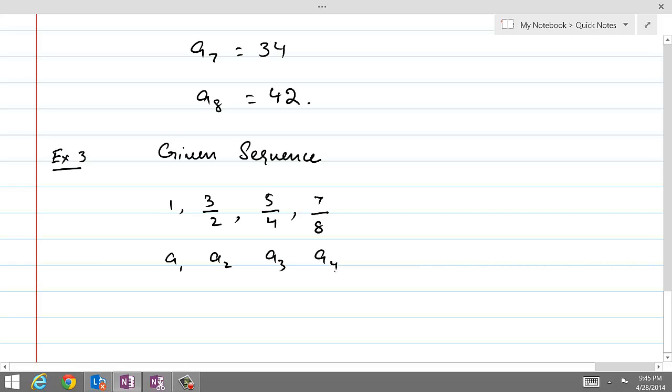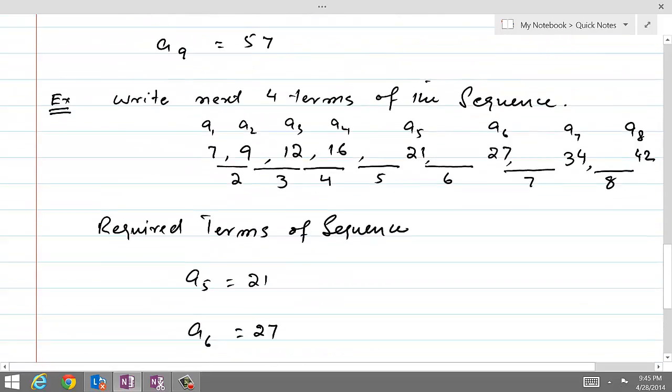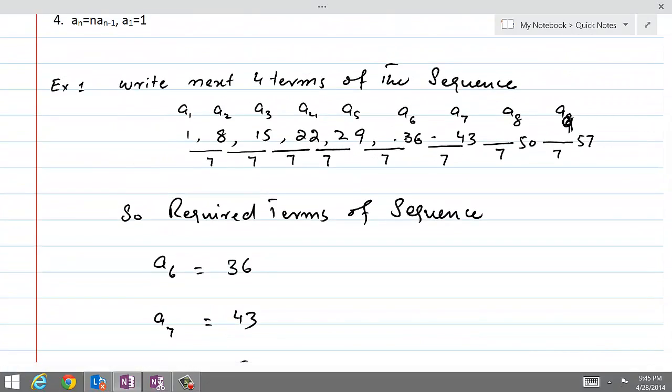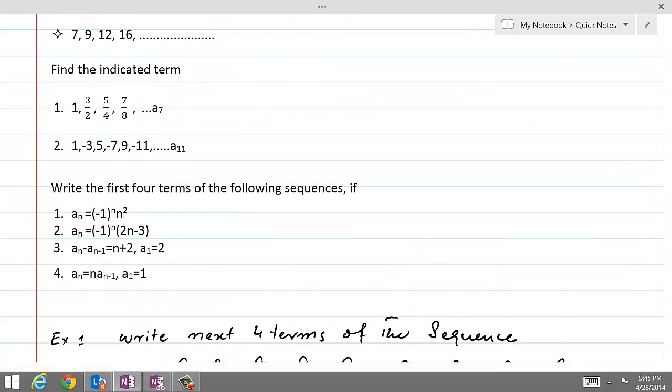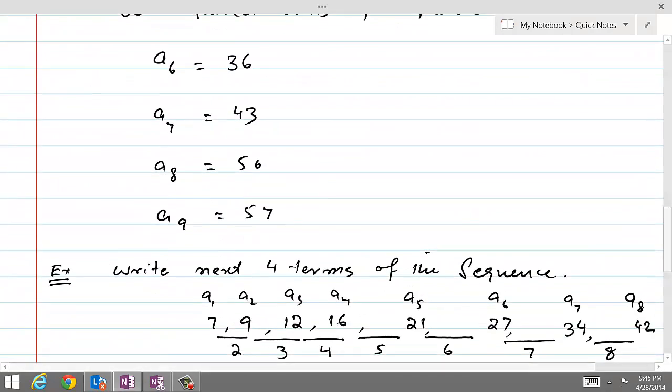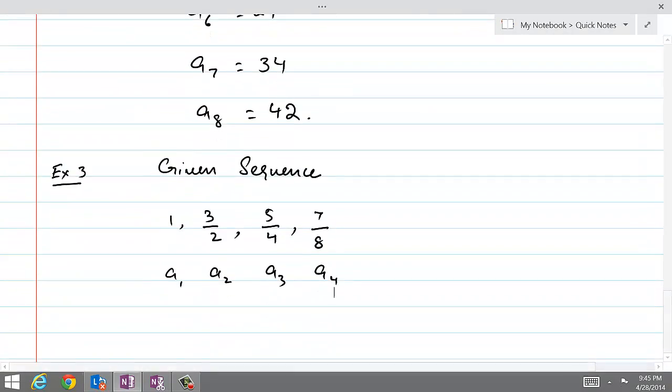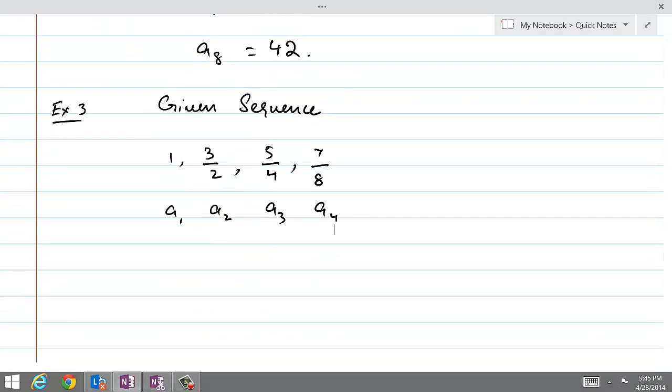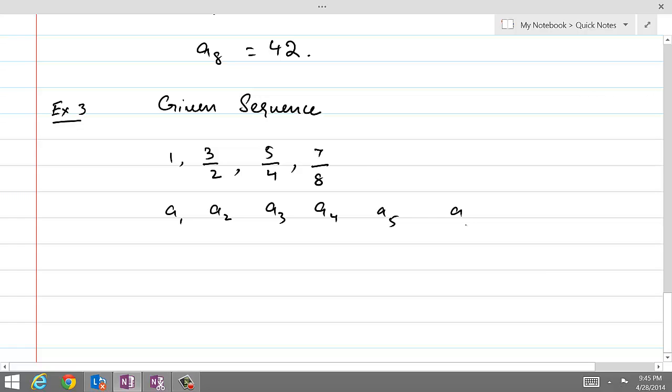And what we are required to do is continue writing up to the 7th term, because in the question we are required to find the 7th term. So here we'll write the 5th term, A5, A6, and A7.